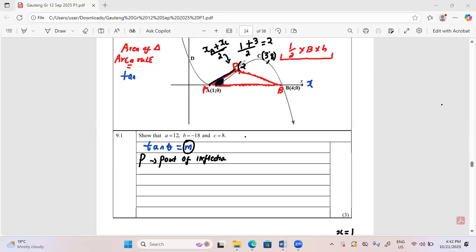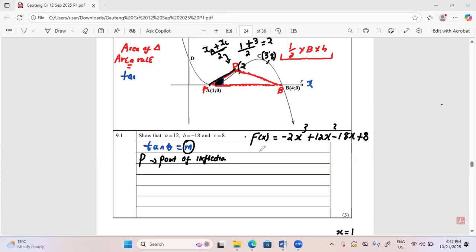When you are looking for the y value of the point of inflection, you always substitute into the original equation. The original equation is f of x equals negative 2x cubed plus 12x squared minus 18x plus 8.